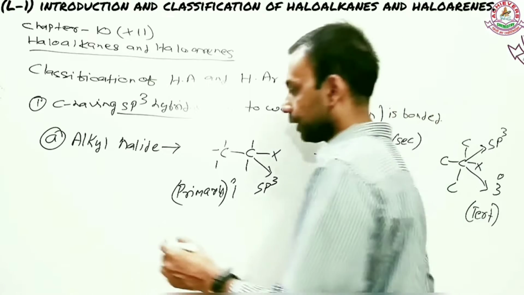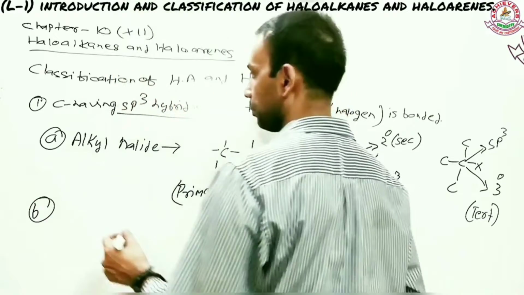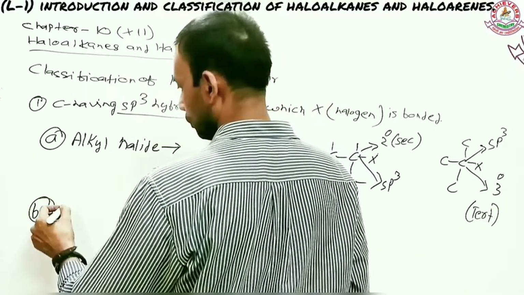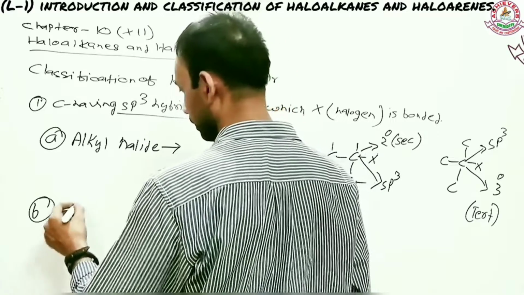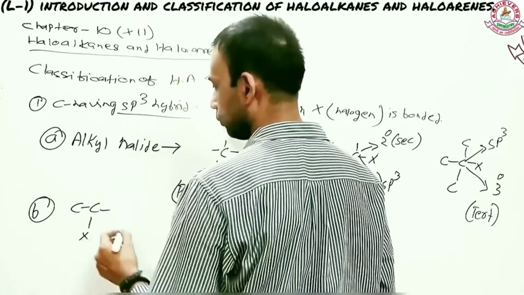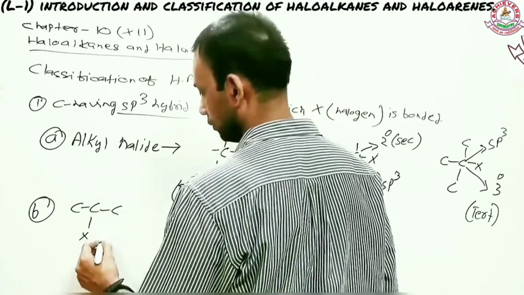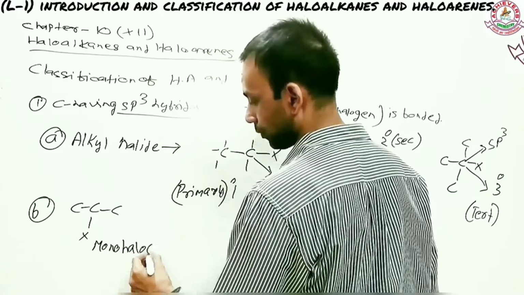Okay, what next classification can be done? I'm talking about mono, di and tri. What do mono, di and tri mean here? If there is only one halogen, this is called monohaloalkane.